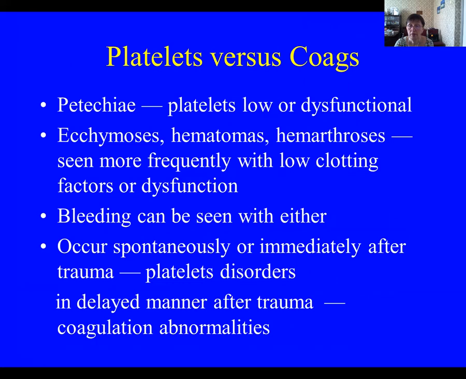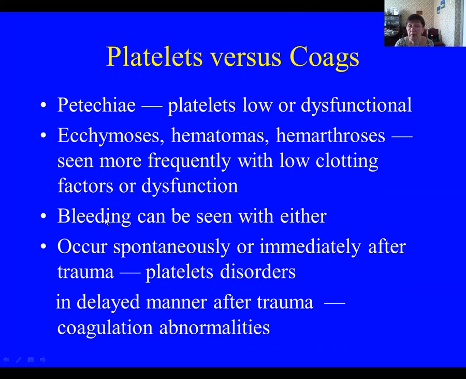A few tips on how to distinguish platelet versus coagulation disorders. First of all, petechiae are specific for platelet disorders. Ecchymosis, hematomas, and hemarthrosis are more frequently seen in case of coagulation disorders or low clotting factors.